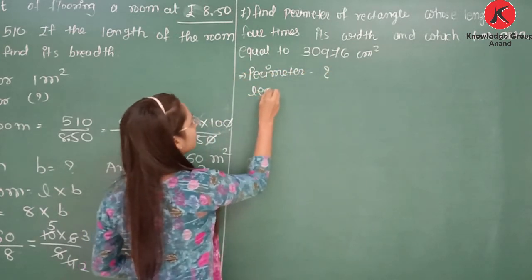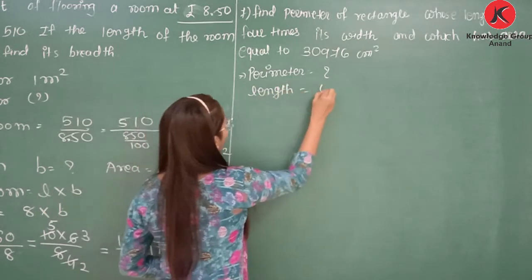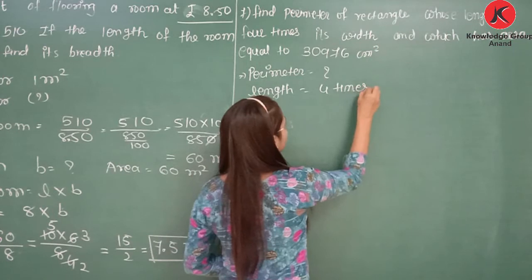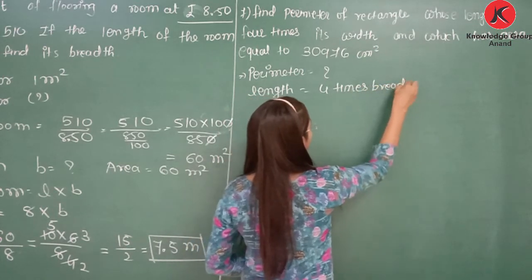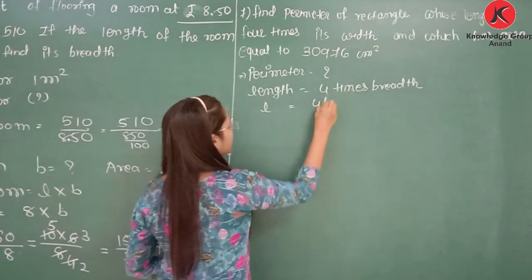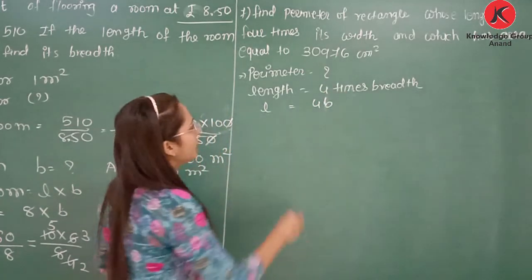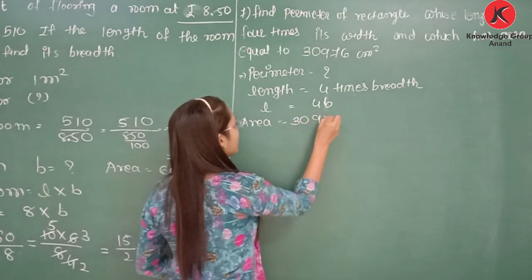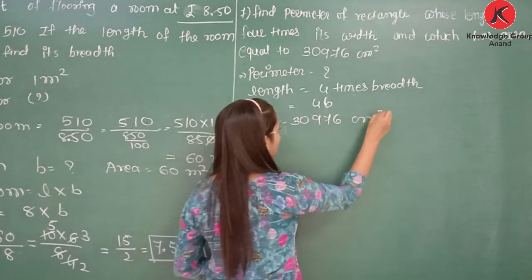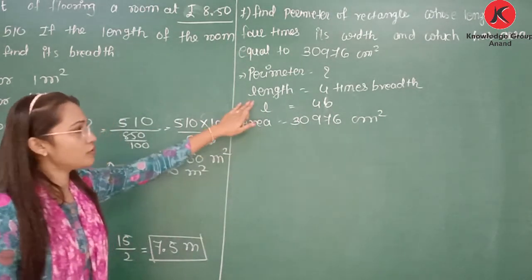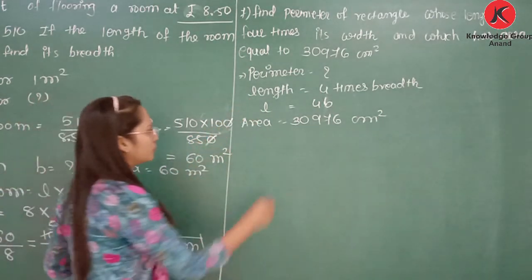Length is 4 times breadth, so you can write L is equal to 4B. And the area is given as 30,976 centimeters square. So first, from the area, we will find the length and breadth.